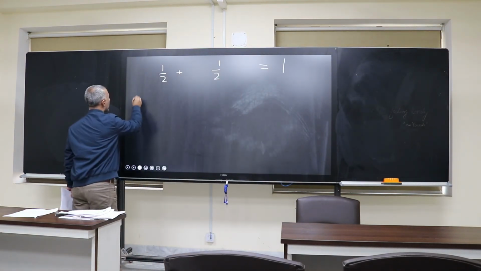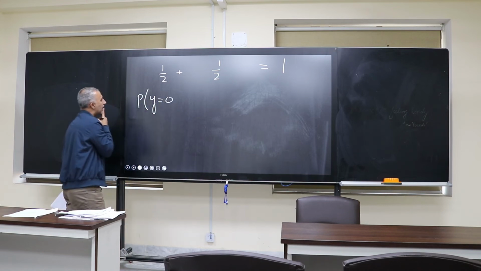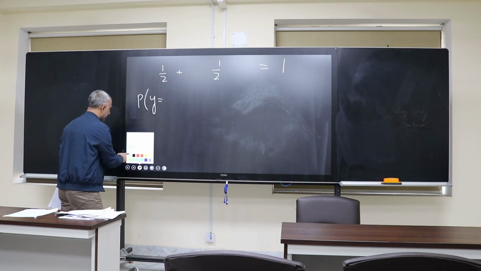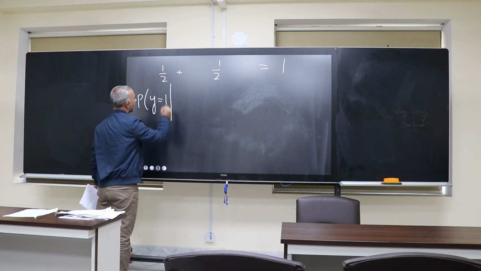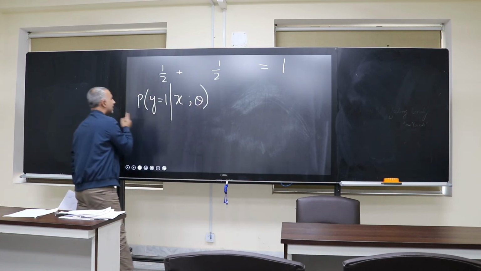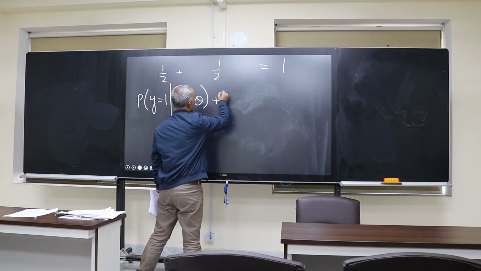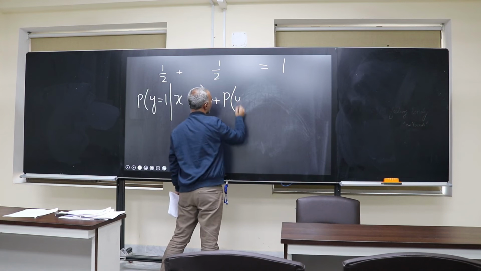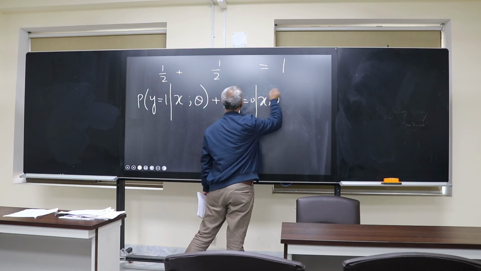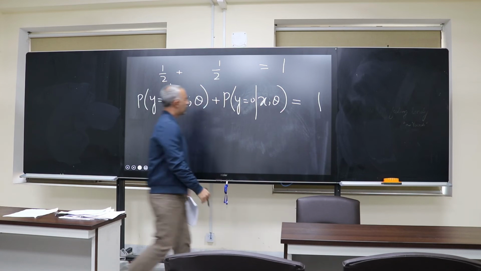This can be written as the probability of y equal to 1, x parameterized by some theta value, which is the chance of getting head. The chance of getting tail is the probability of y equal to 0, x parameterized by theta, so the total is equivalent to 1.